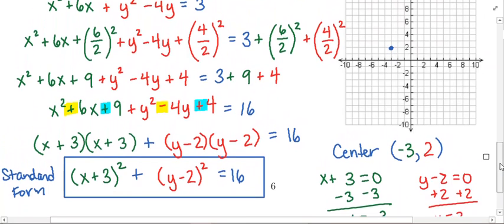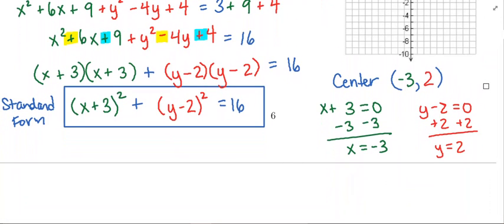And now we need to get the radius. Remember how the standard form of the equation of a circle works. This particular number right here on the right side of the equation is going to be the radius squared. So this 16 right here is the radius squared.